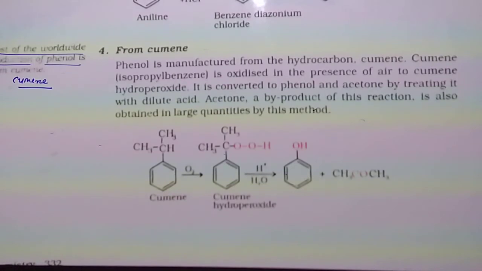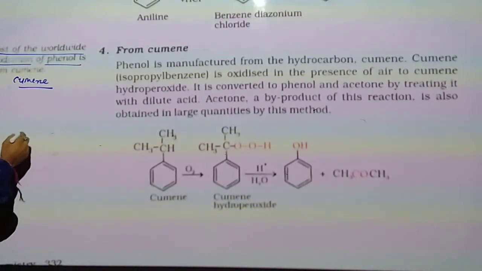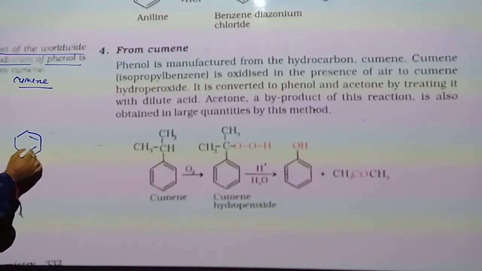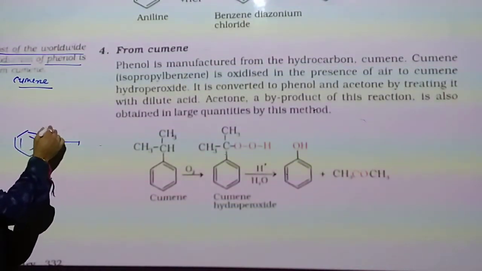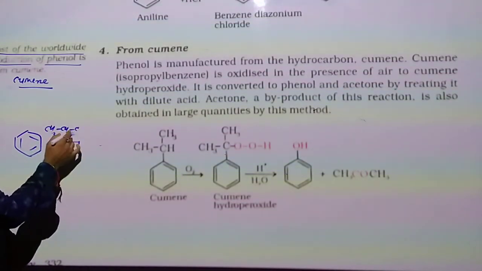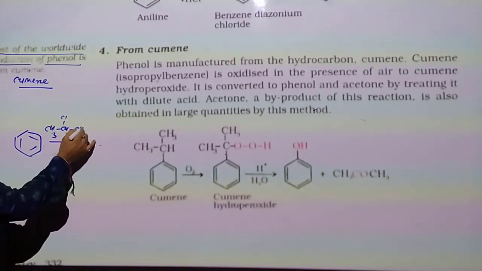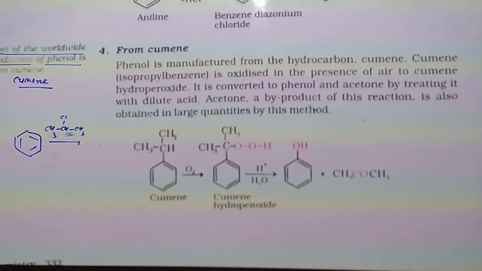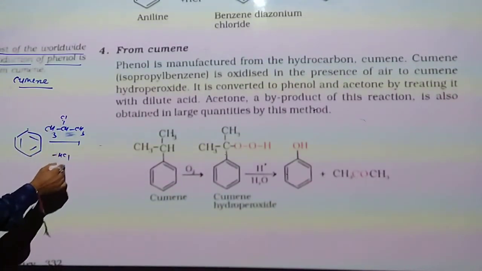To make cumene, first we have to take benzene. Then it reacts with isopropyl chloride. So from here hydrogen and chlorine remove as HCl.